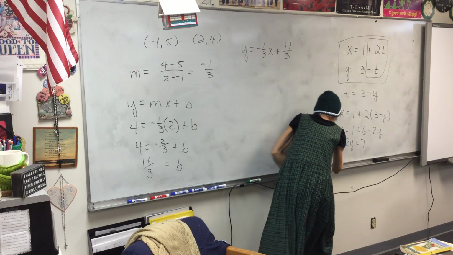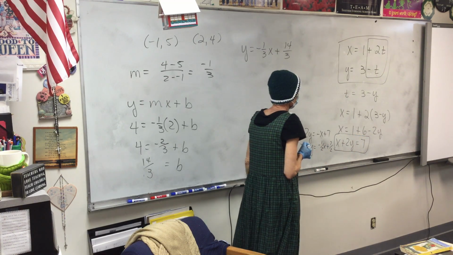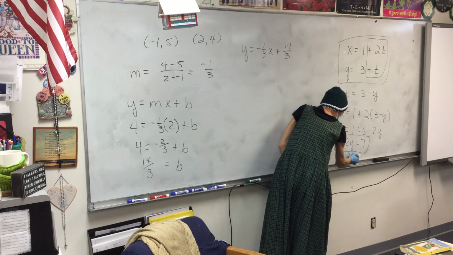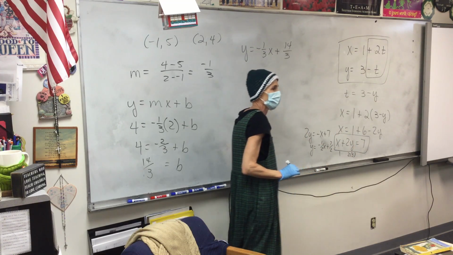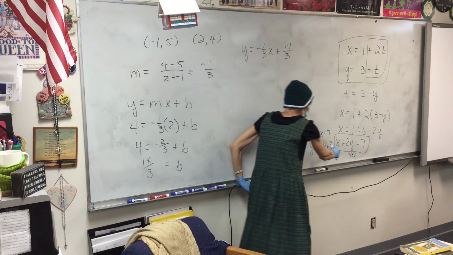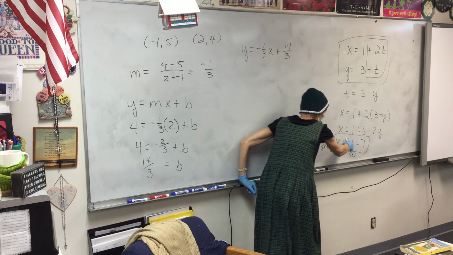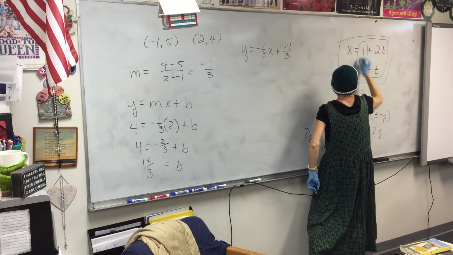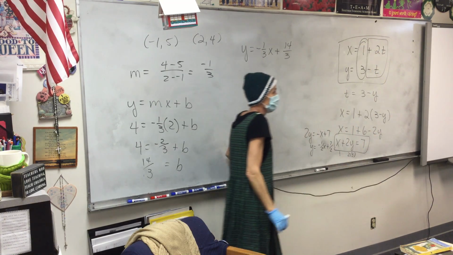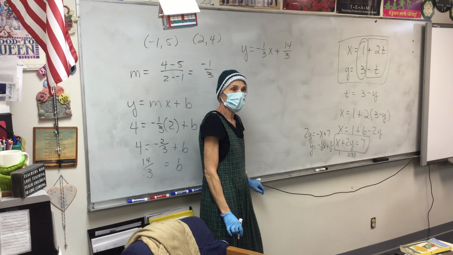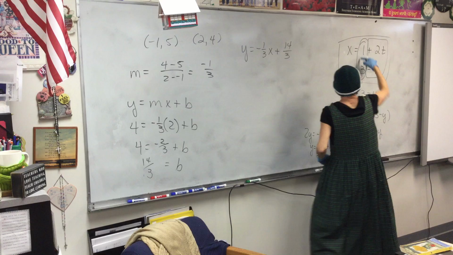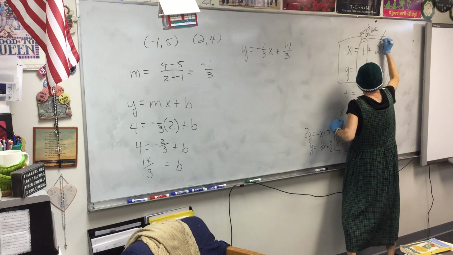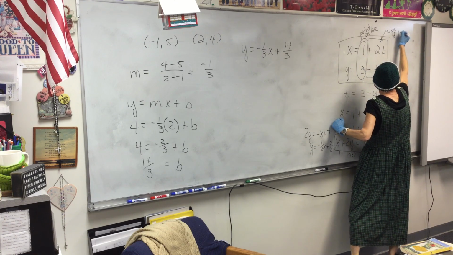Now, let's go back to this line we found. Would you agree that the point 1, 3 is a point on that line? That the point 1, 3 fits that equation, okay? When you write the parametric equations of a line, this represents a point on the line, and these give you the slope of the line.